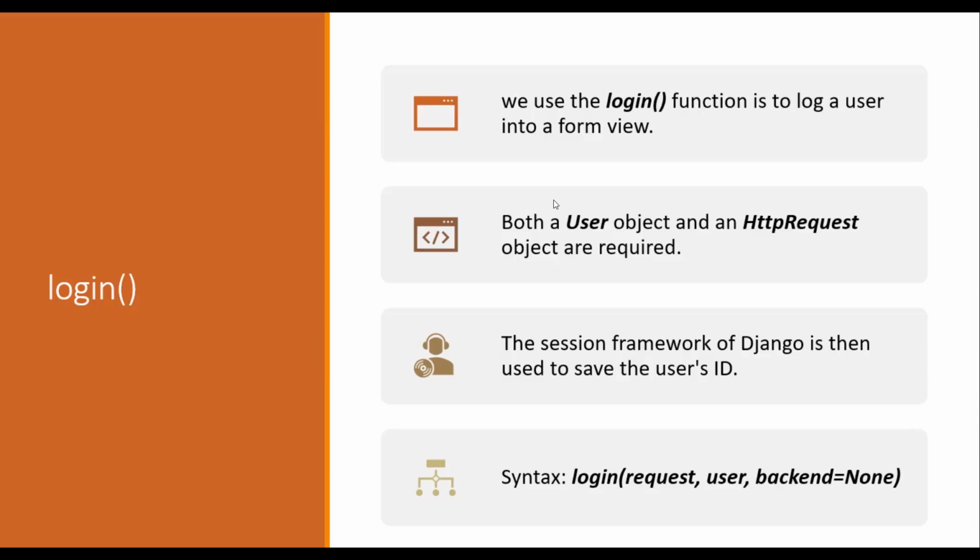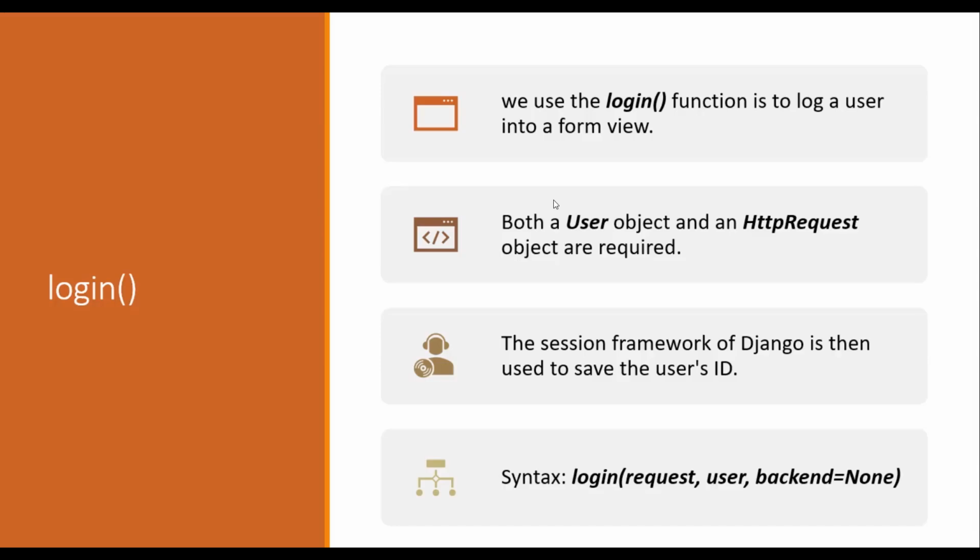The syntax for the login function is login, and in parentheses we pass request as an argument, user as an argument, and backend keyword as None. When a user logs in, the user ID and the authentication backend are saved in the user session, allowing that backend to get the user information upon request.